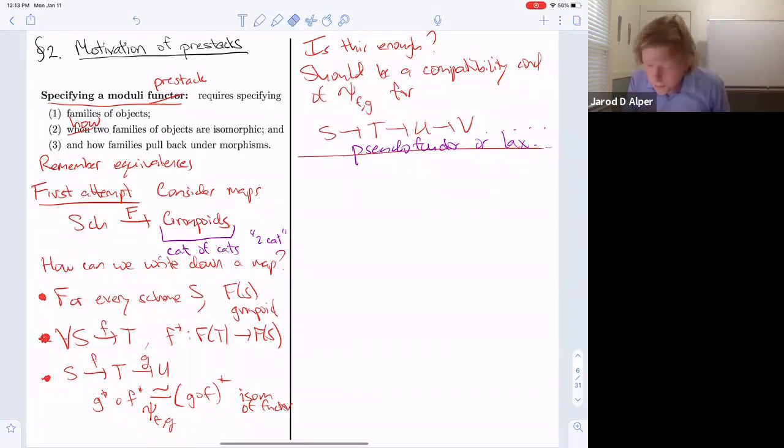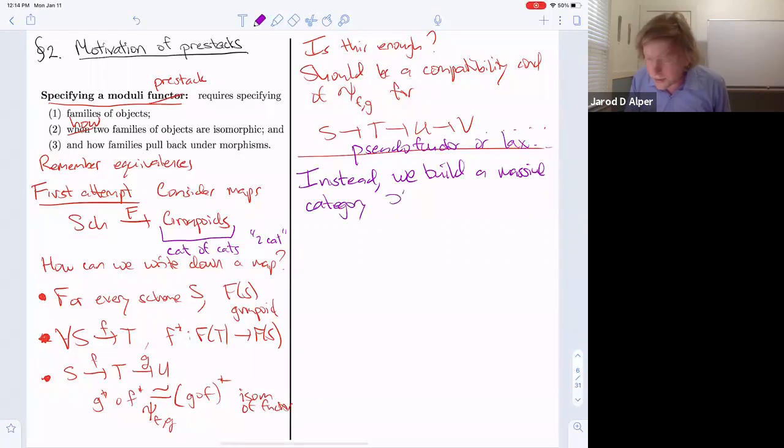Instead, what we'll do, which we'll introduce formally on the next page but here still as motivation, is build a massive category X with all of this data. Here X is going to be a category, and it's going to live over the category of schemes.